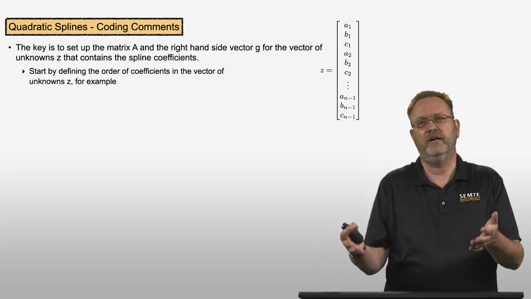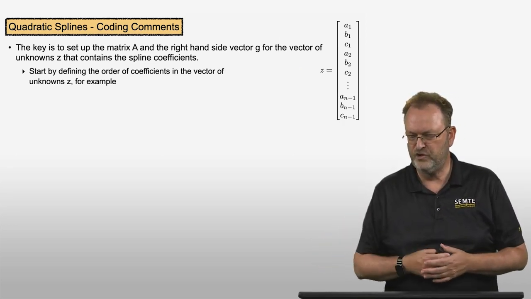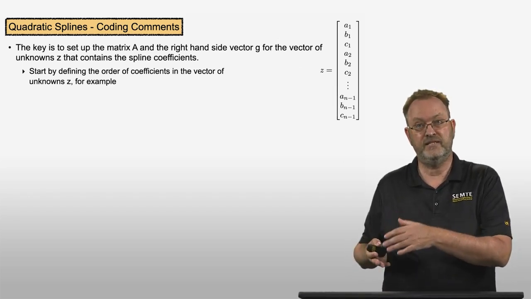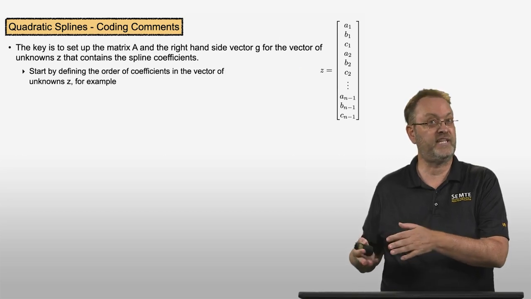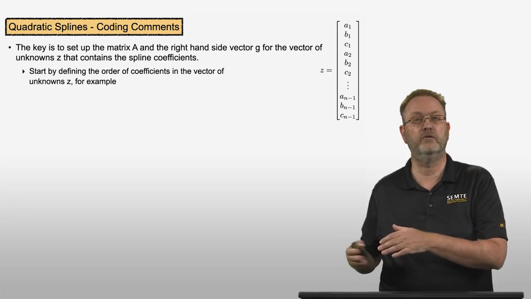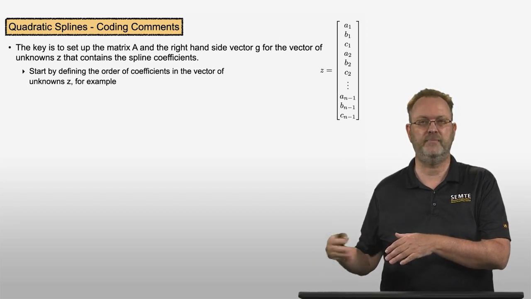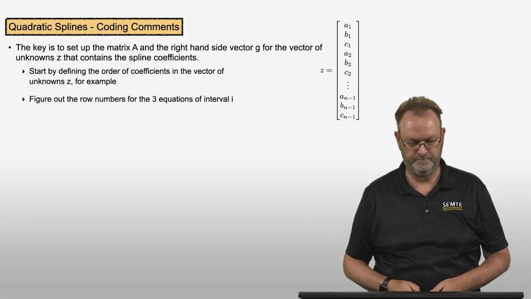The most sensible way of ordering them might be in the way I've shown here. You write the coefficients for the first interval, a1, b1, c1, followed by the coefficients of the second interval, a2, b2, c2, all the way to the coefficients of the last interval, a sub n minus 1, b sub n minus 1, c sub n minus 1.